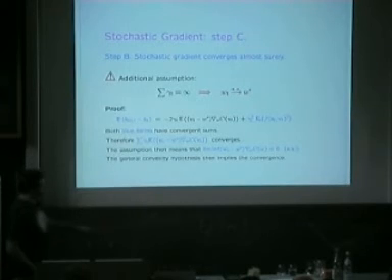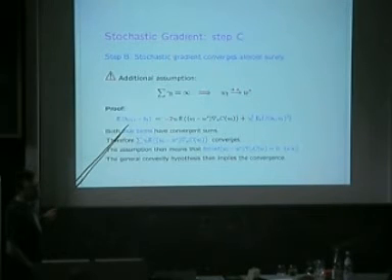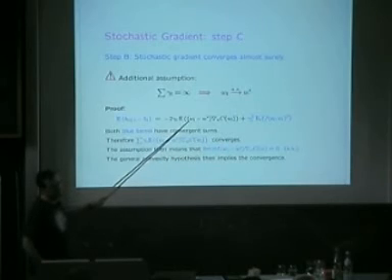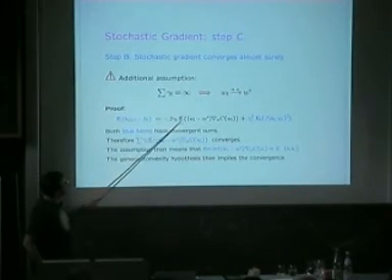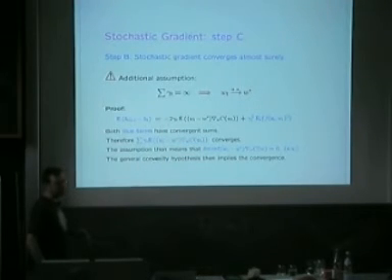I told you later, expectation of ut is finite. So this is a convergent sum. The sum of these terms is convergent. This is a convergent sum. So this has to be. Since sum of gamma t diverges, that means that the expectation of this product here goes to 0.